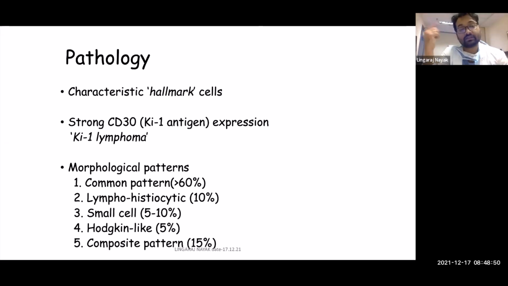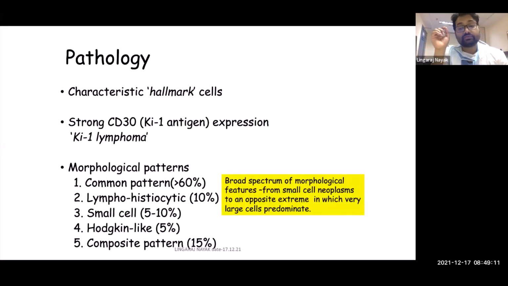The way you have Ki-67, similarly, this is in that particular group where you have an antibody against this particular antigen. Now, these were the morphological patterns of ALCL, starting from small cell pattern to the large cell. So you have a broad spectrum of morphological patterns, which can mimic different kinds of lymphoma as well as other diseases also.